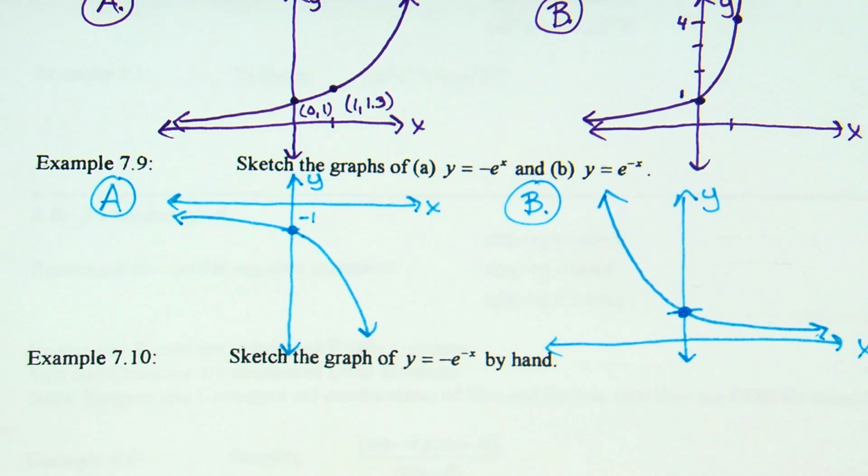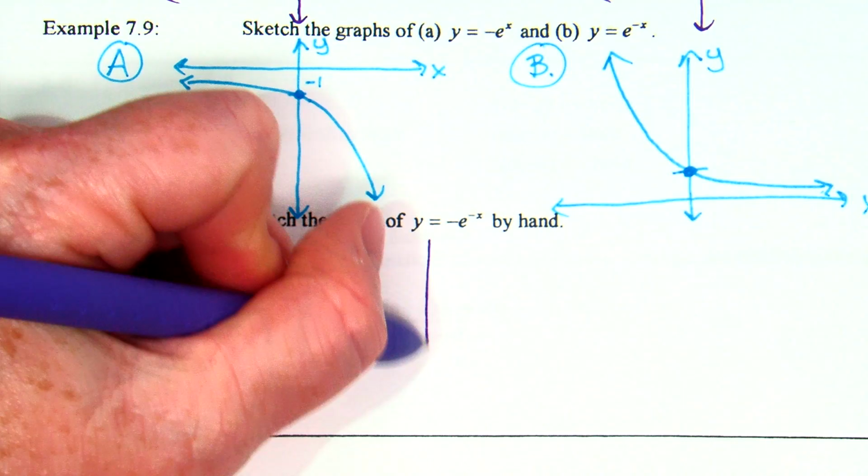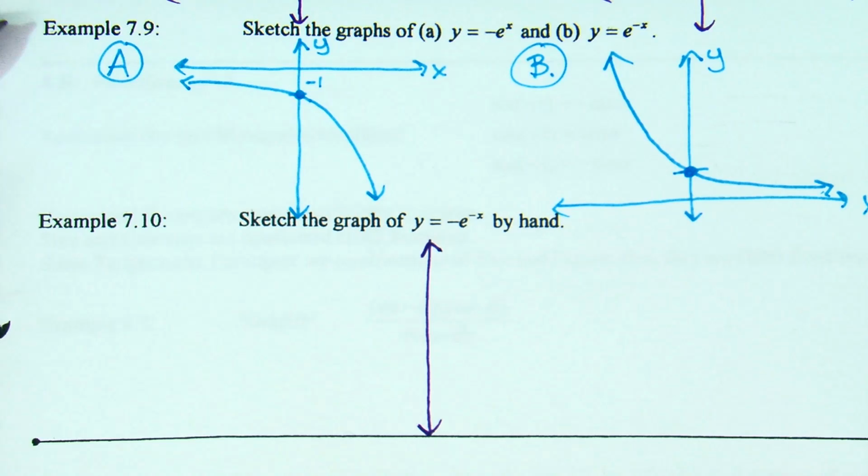If I say x squared, you definitely know that one, right? You know what these look like. So, can you picture this last one? Negative e to the negative x. It reflects where?